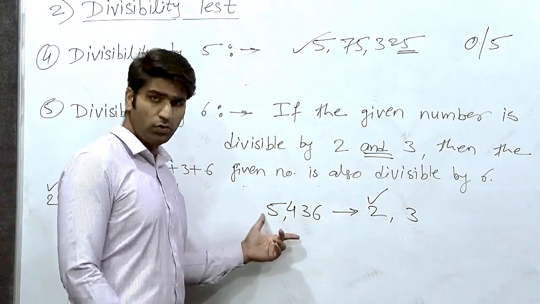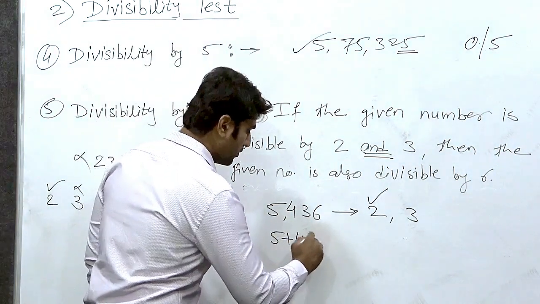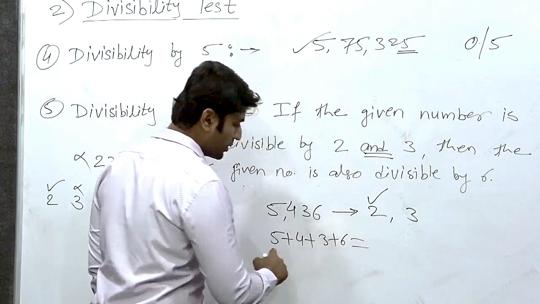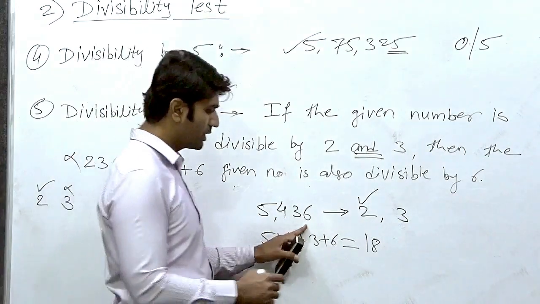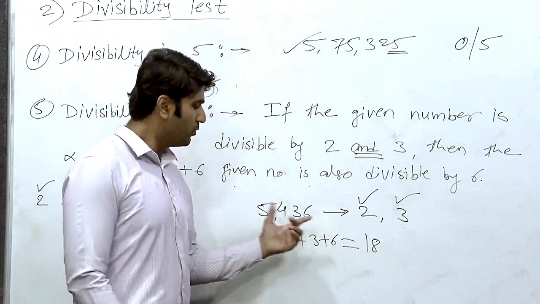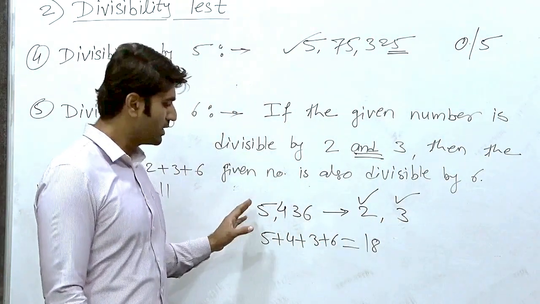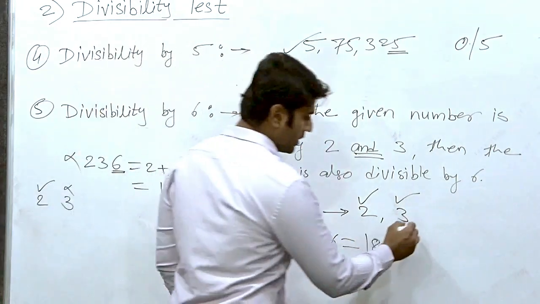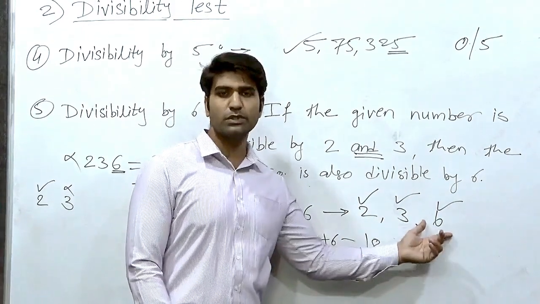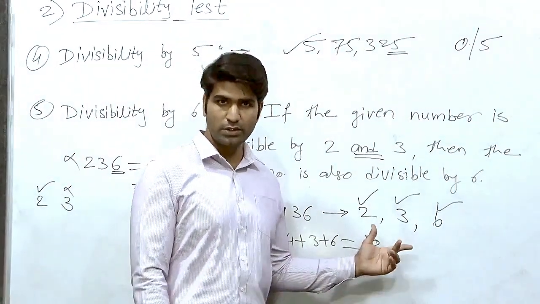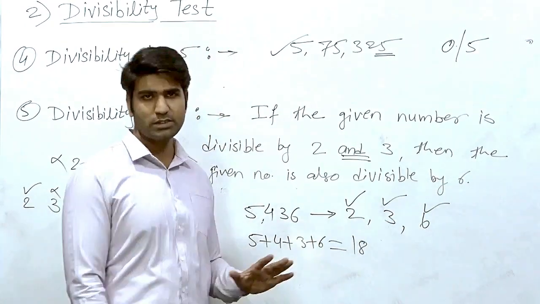For 3 we have to check the sum: 5 plus 4 plus 3 plus 6 is equal to 9 plus 9, 18. So 18 is divisible by 3. Therefore the given number is divisible by 3. Since the number is divisible by both 2 and 3, we can say that the number is also divisible by 6, because 2 and 3 are factors of 6. If the number is divisible by these factors, then the number is divisible by 6.